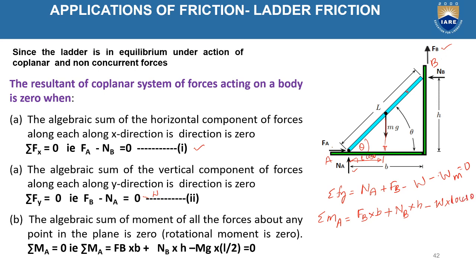Similarly, for the person, assume the distance is L1, minus WM times L1 cos theta, and it should be equal to 0.